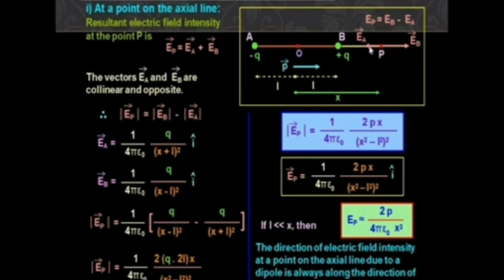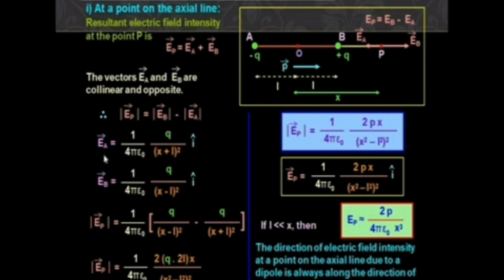As you study in vectors, EA and EB are in opposite directions, not in the same direction. So one of the electric fields has the negative sign: EP equals EB minus EA. We are subtracting the two values.